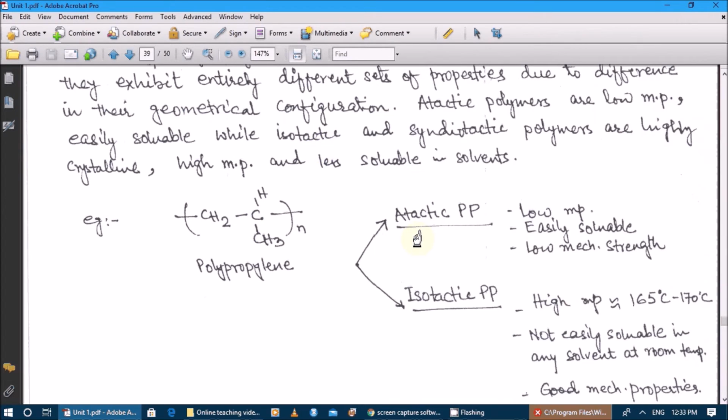Means there will be no sequence between the placement of R and H group at the asymmetric carbon atom. So it will have low melting point, be easily soluble, and have low mechanical strength. The polymer formed, atactic polymer, doesn't have any commercial value. We don't want atactic polypropylene to be formed because it has no commercial value.